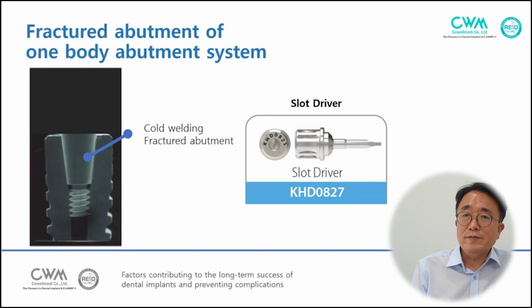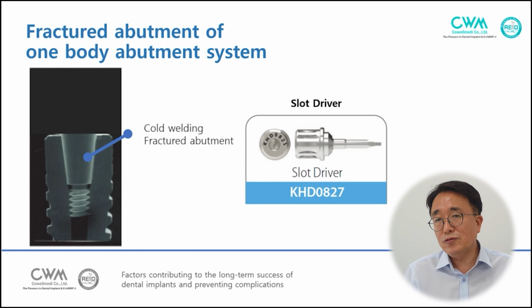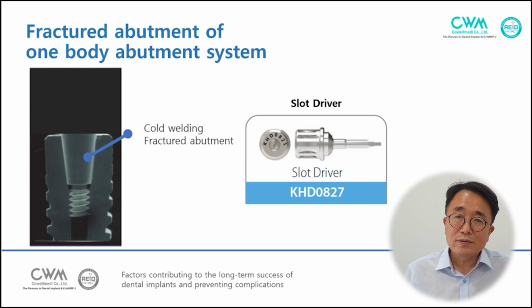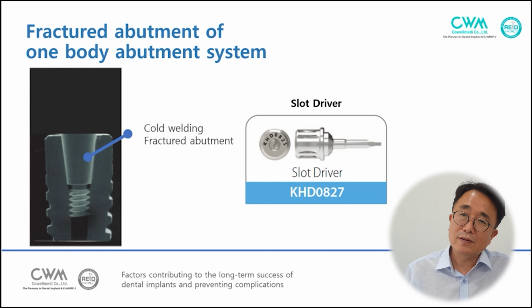And if a one body abutment is fractured at the top, we cannot use the internal hole because this abutment is one body. So we have to make a slot depression with a number 330 fixture bar.